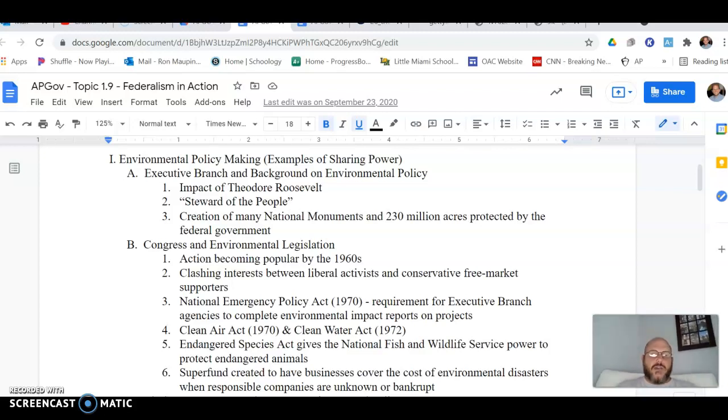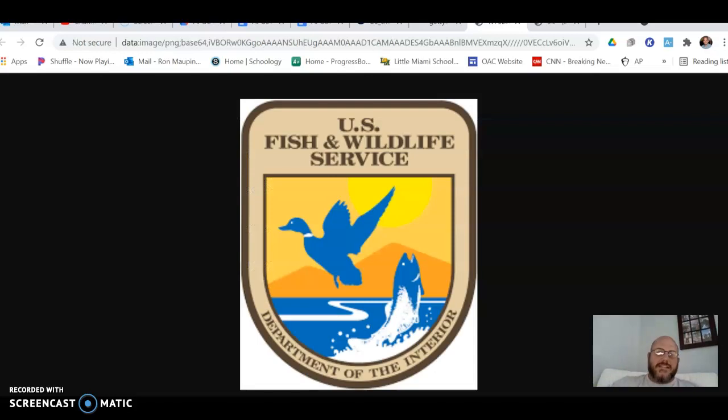We also see right around the same time period the passage of the Endangered Species Act, which, for example, passes the responsibility of protecting wildlife that are part of the endangered species list to the U.S. Fish and Wildlife Service. So in other words, the federal government is saying that there is a responsibility to make sure that species of wildlife in this country are protected.